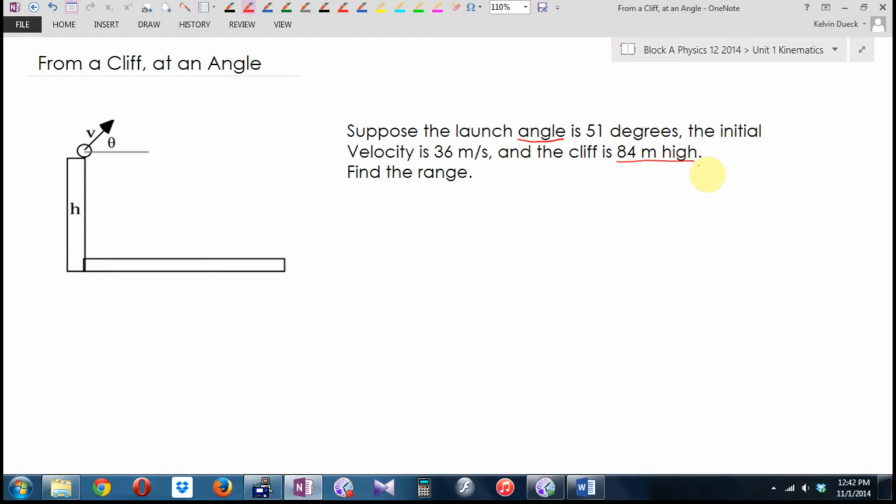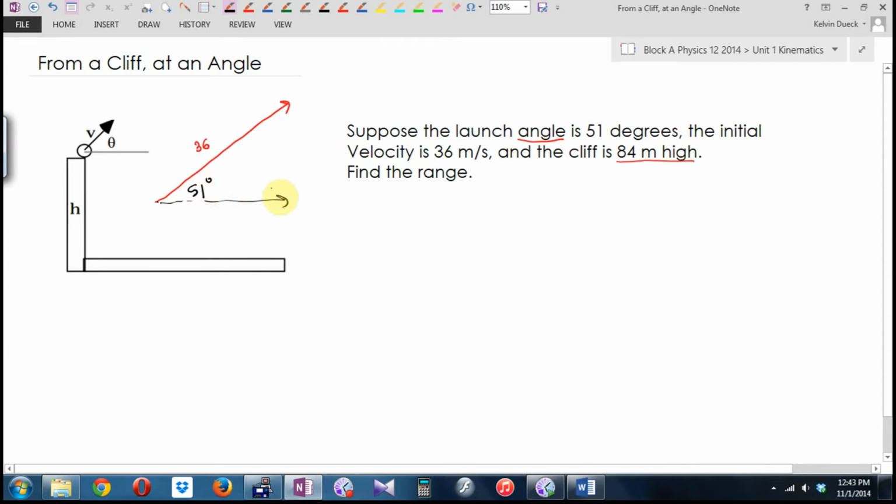First thing I'm going to do is break this up into its components. Let's draw it right here. I have an initial velocity of 36. I have an angle of 51 degrees, and I want to find Vx and Vy initial.